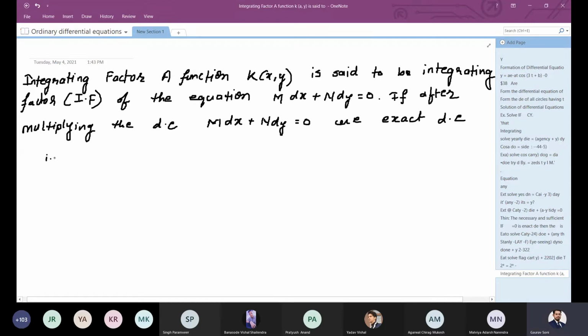That is, k times M dx plus k times N dy equal to 0 is exact.